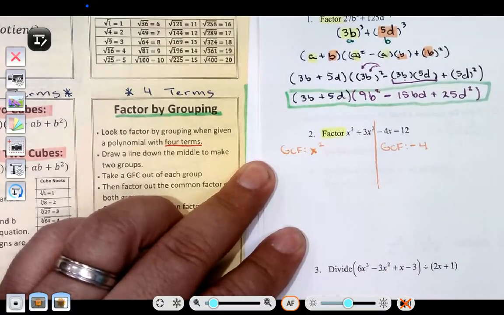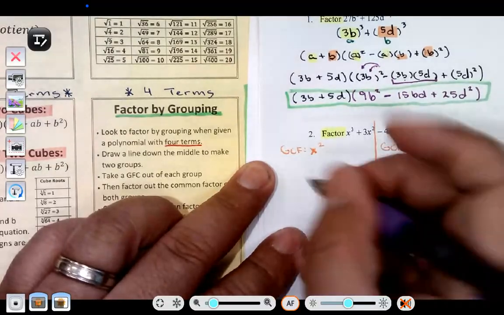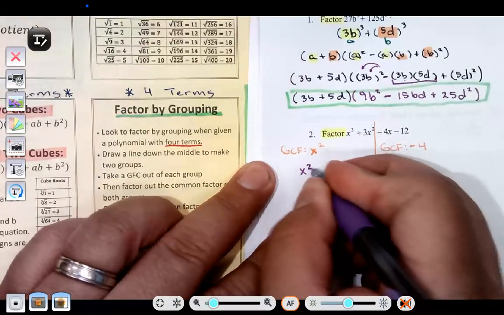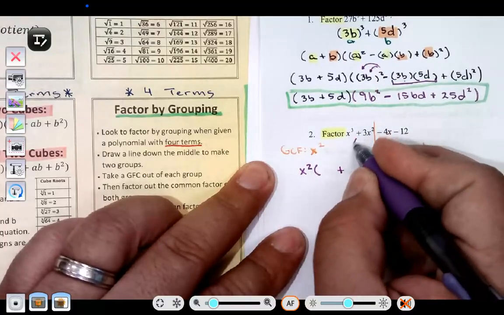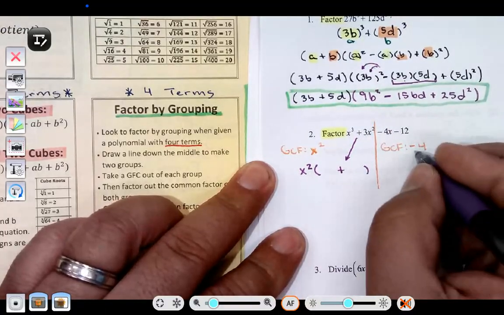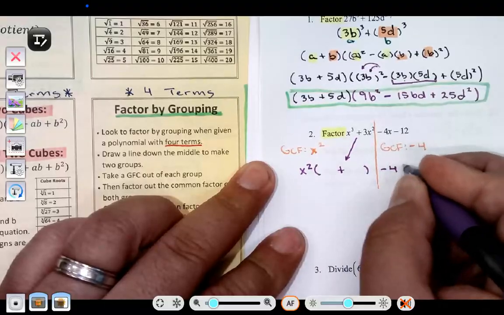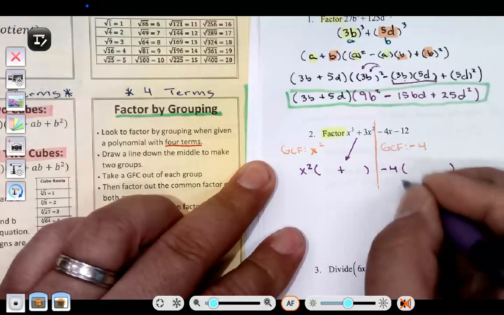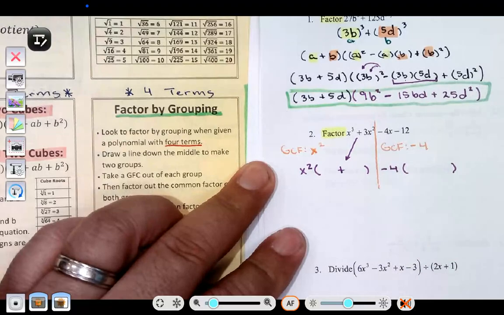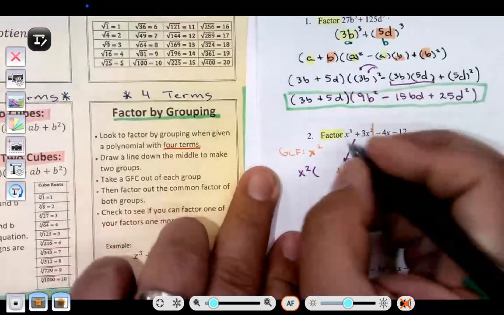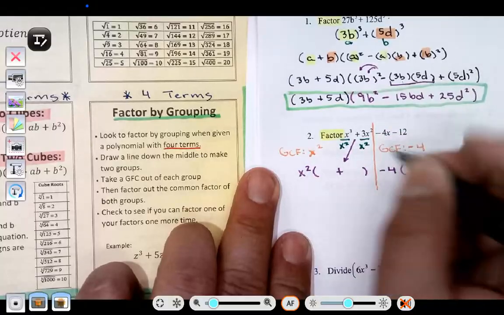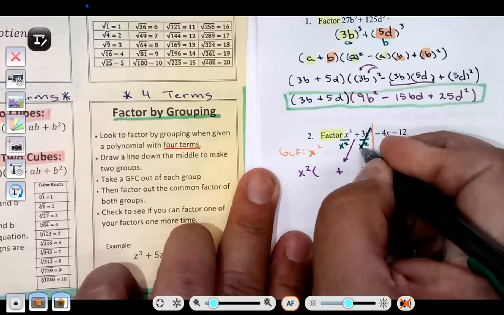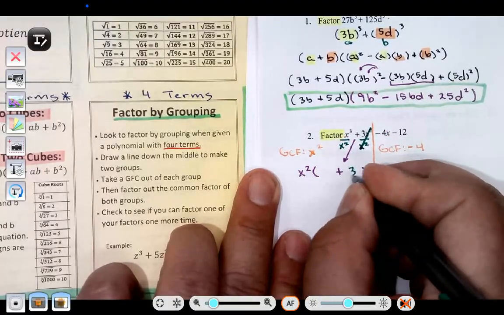So here we go. We are going to write out our GCF first. And in parentheses, look, it has a plus sign. So we make sure we put that in there. The GCF here is negative 4. Now this one I'm going to hold off on the sign for now. All right, well, here we go. I am taking out an x squared from each one of these, meaning it's completely gone on this one, leaving me with a 3.